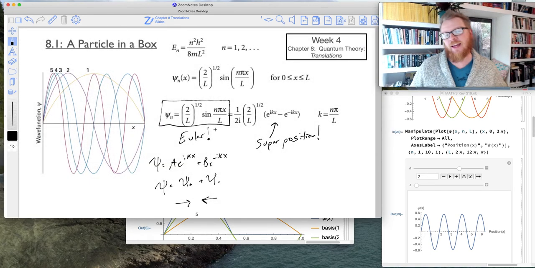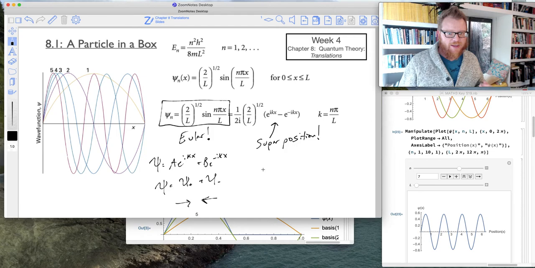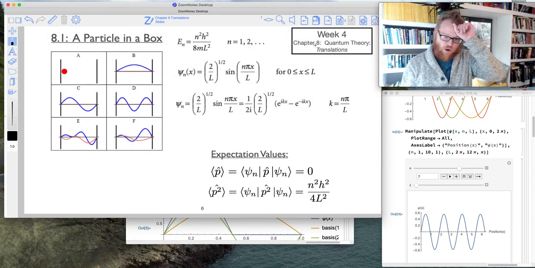If instead of thinking of this as a pure sine function, we recognize that really this sine function is a superposition of these e to the ikx, e to the negative ikx functions, which we also established describes particles moving left and particles moving right. And this gets even cooler now. If you're following with me, I hope that you are.